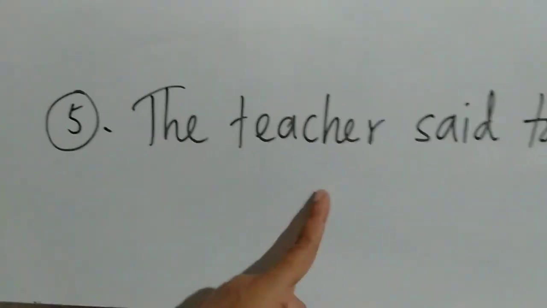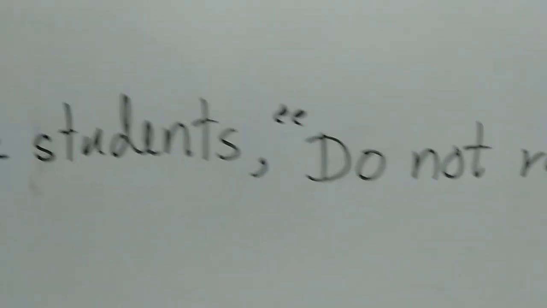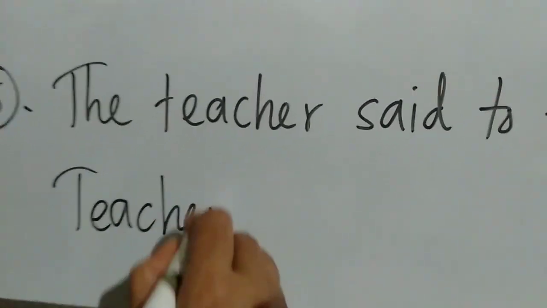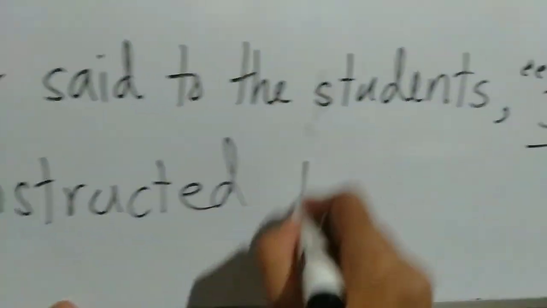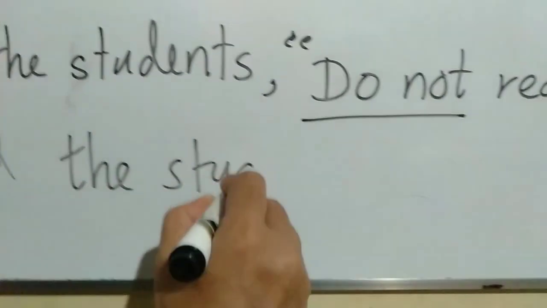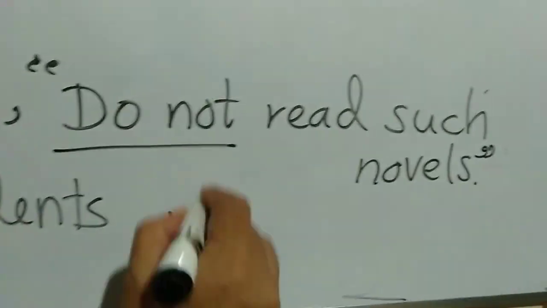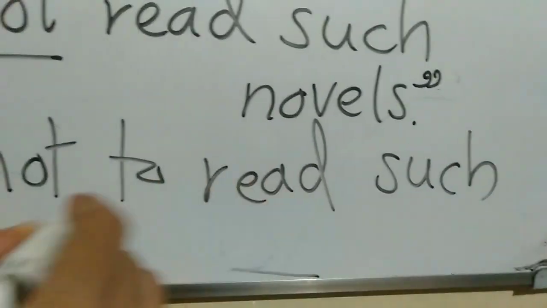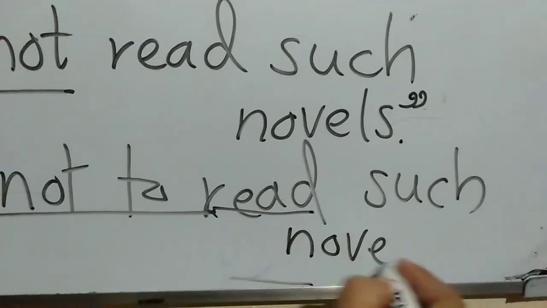Let's see this. The teacher said to the students, do not read such novels. Do not, negative. How can you turn it? Then teacher instructed the students, not to read such novels.